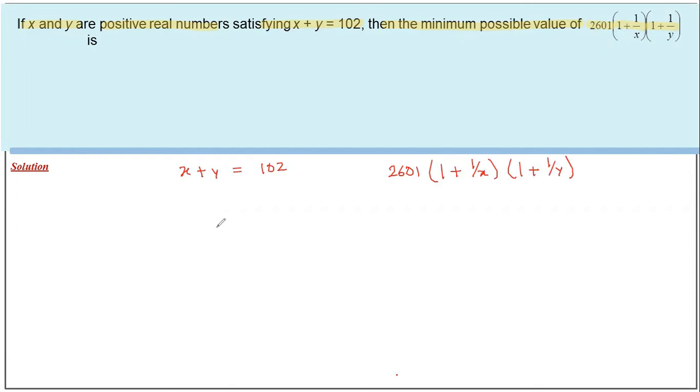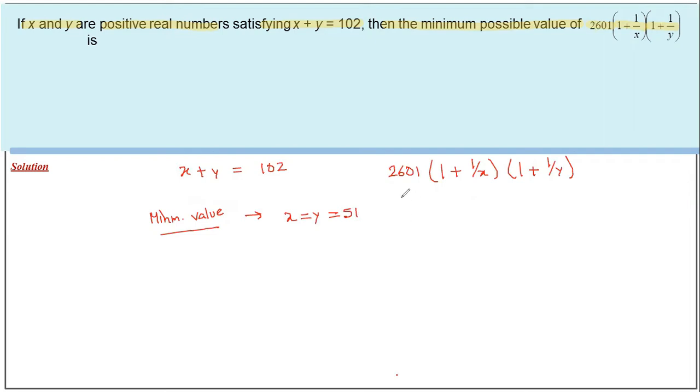Now the minimum value would be achieved only when x would be equal to y equal to 51.